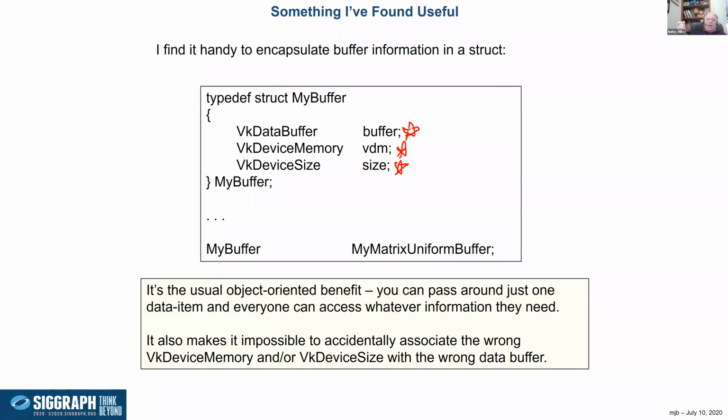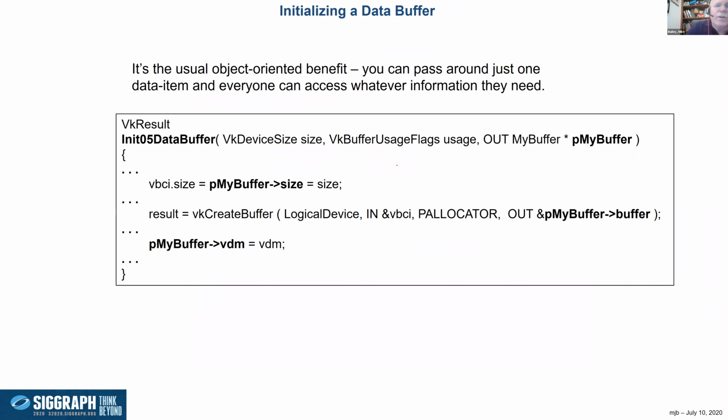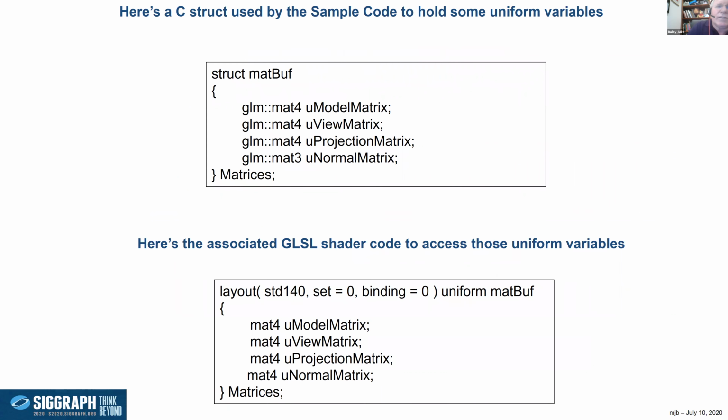Then I realized I really need to set up something where I can guarantee that these things never get separated. That was this. If they're in there, it's the correct buffer, the correct memory, the correct size in bytes. It's like objects, kind of an object-oriented programming thing. You can pass around just one data item, and whatever you need is encapsulated in there.